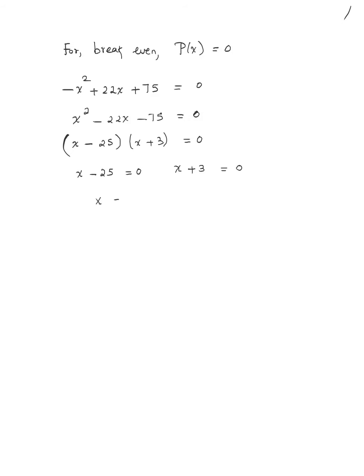So we get x equals 25 or x equals negative 3. However, since this is about the number of hot dogs, this cannot be negative. So there are 25 hot dogs CC needs to sell to break even.